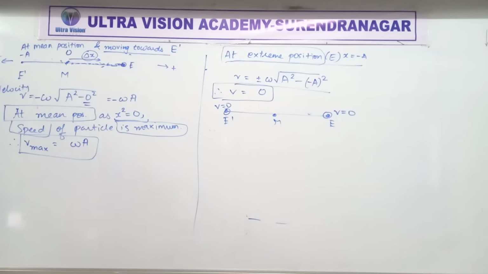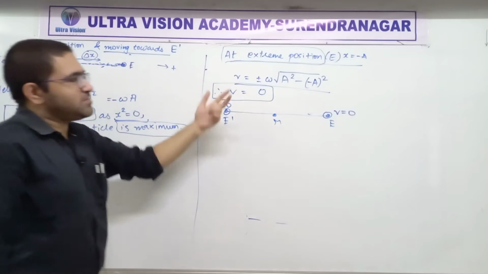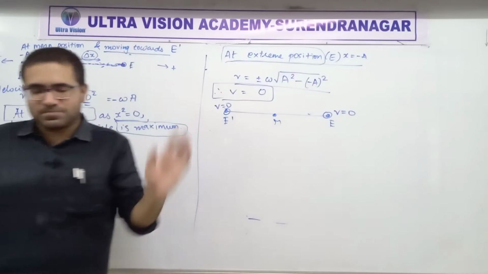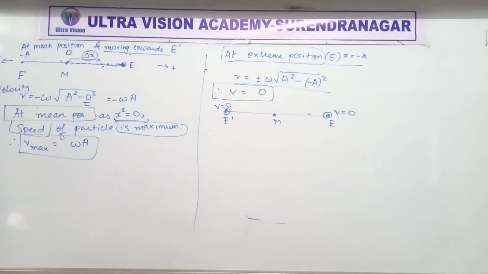So that's what we have discussed earlier. At mean position the speed is maximum, that's this much, omega into A, and at extreme position the speed is 0. Right? Fine, let's solve a question based on all these.